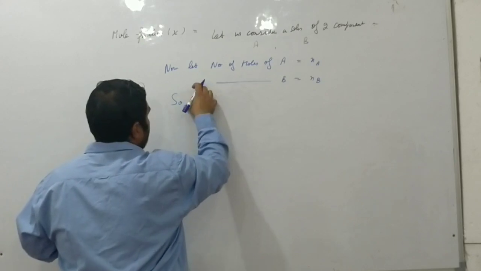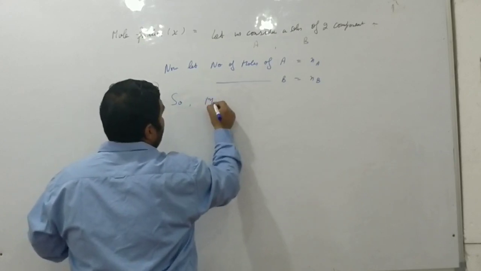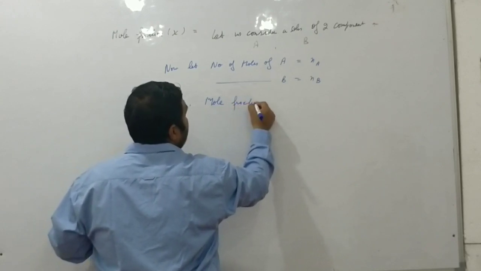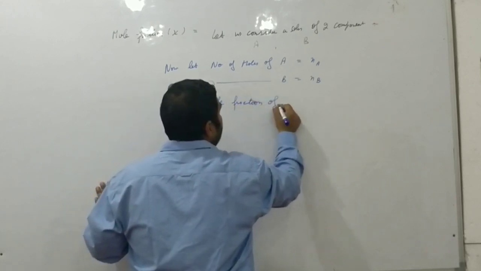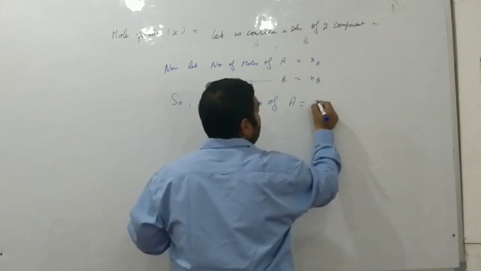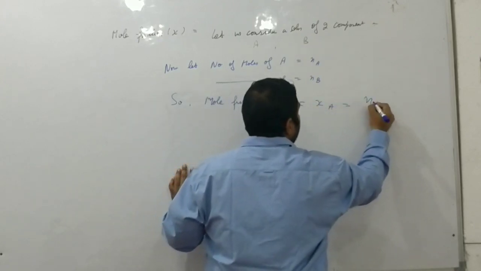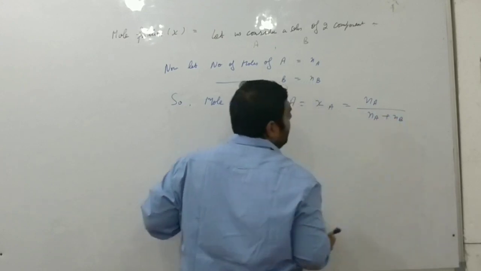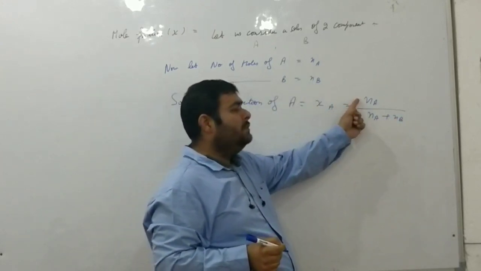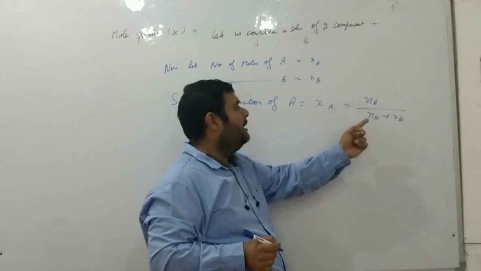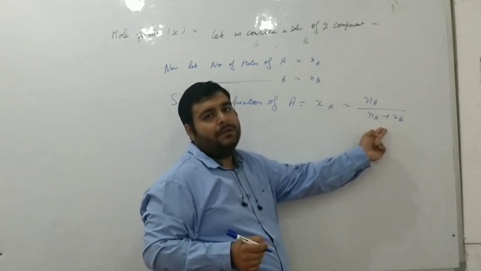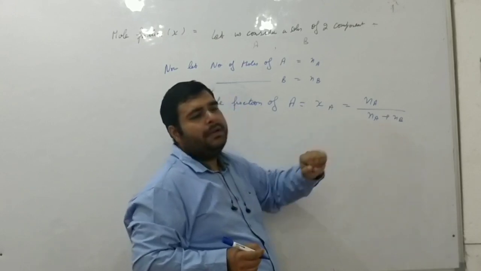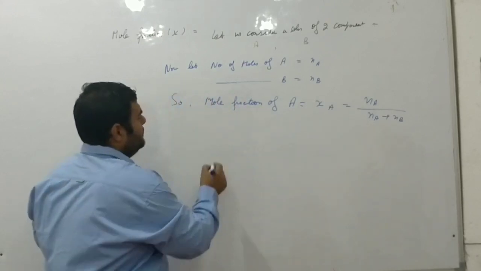So from definition, mole fraction of A is XA and that is equal to NA over NA plus NB, because NA is the term whose mole fraction we are calculating, and this is the sum of the total number of moles of all the components in the solution, and we are taking a solution as a binary solution.